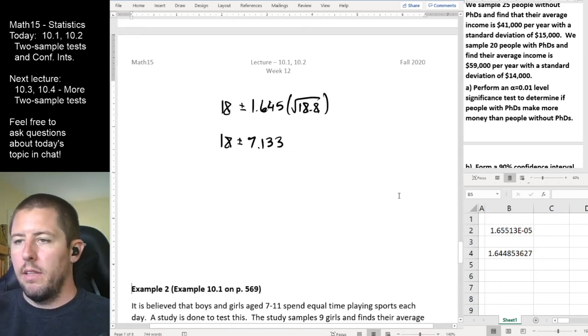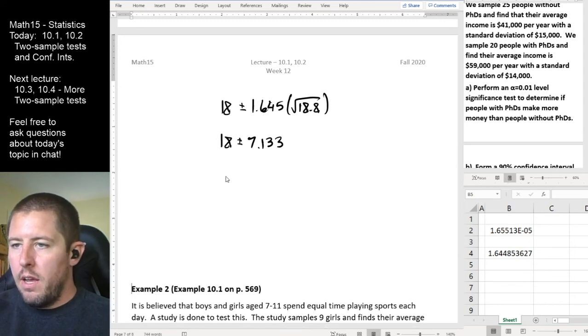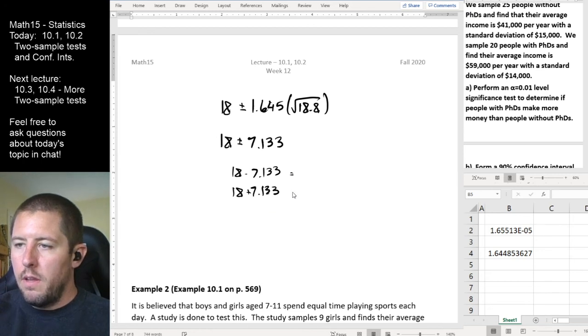So I can do my little bit of addition and subtraction right here. It looks like for our lower bound this will be 18 minus 7.133, and 18 plus 7.133. And these will be giving me values of 10.867 and 25.133.